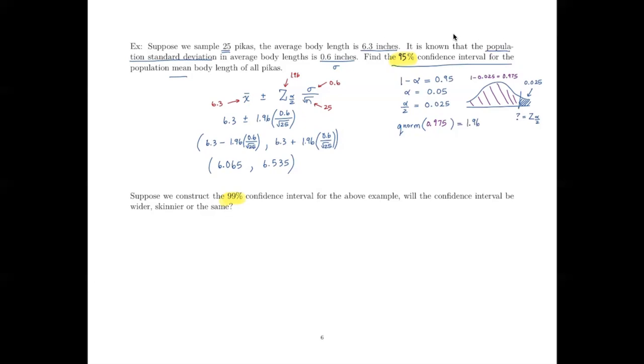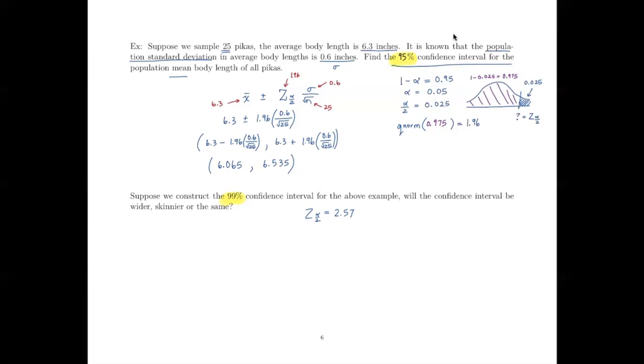Maybe let's just go back to our table. In this case, our z alpha over 2 was 2.57. That's what it was for the 99% confidence. You can go back to the last video to see that if you weren't sure how that happened.